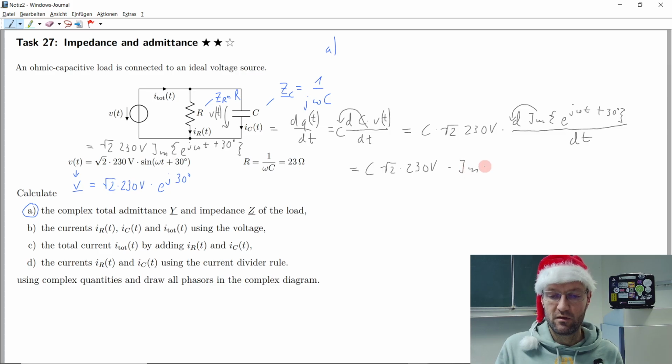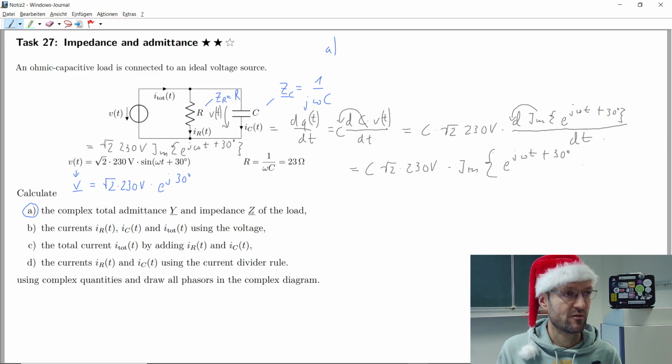And now the imaginary part of this derivative. What is the derivative of the exponential function? At first the exponential function itself, so e to the j omega t plus 30 degrees, and then it's a nested function, so we need to have the inner derivative, and the inner derivative is j omega.